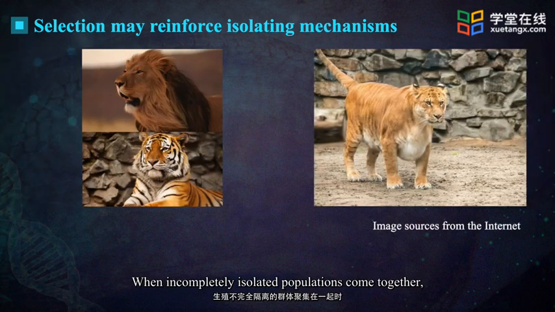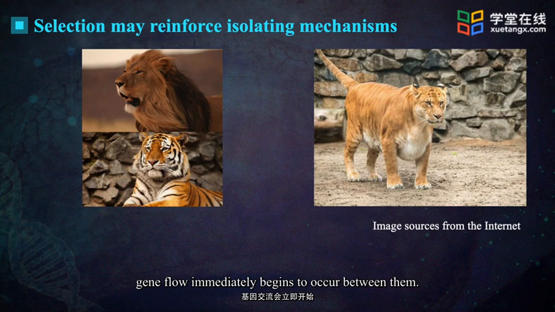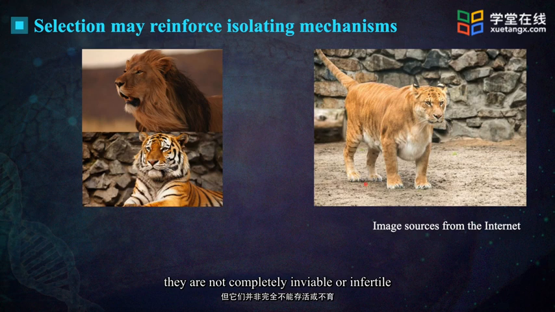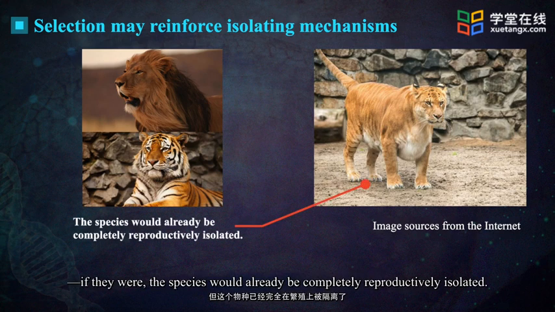When incompletely isolated populations come together, gene flow immediately begins to occur between them. Although hybrids may be inferior, they are not completely inviable or infertile. If they were, the species would already be completely reproductively isolated.